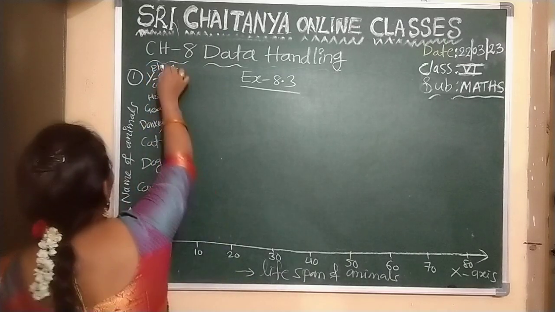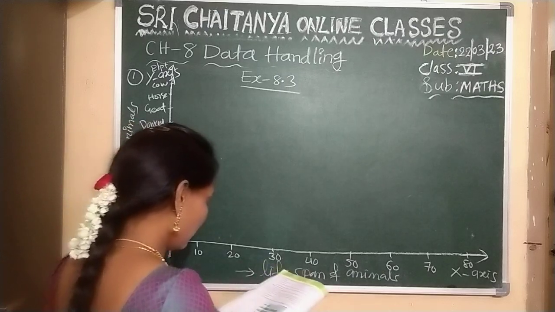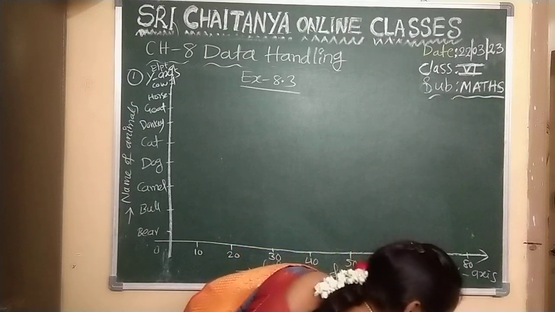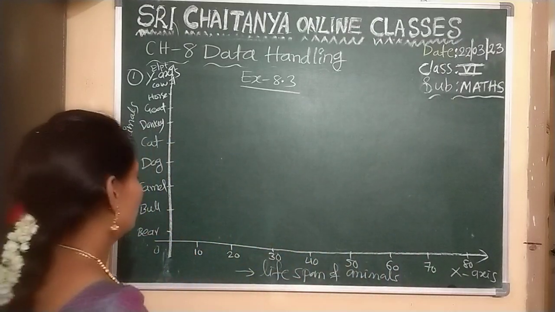Here I just wrote short names, and 70 years is the elephant. So we can draw the horizontal bar graph.